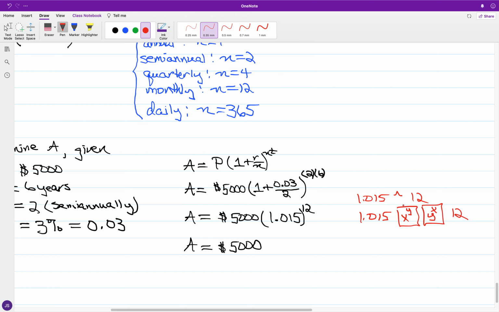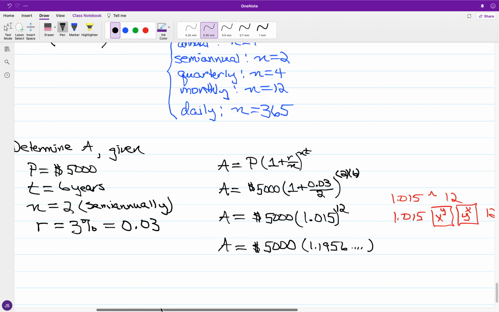Then enter the number 12. For 1.015 to the 12th, we have a number around 1.1956 and some decimal places after that. In other words, a figure just under 1.2.